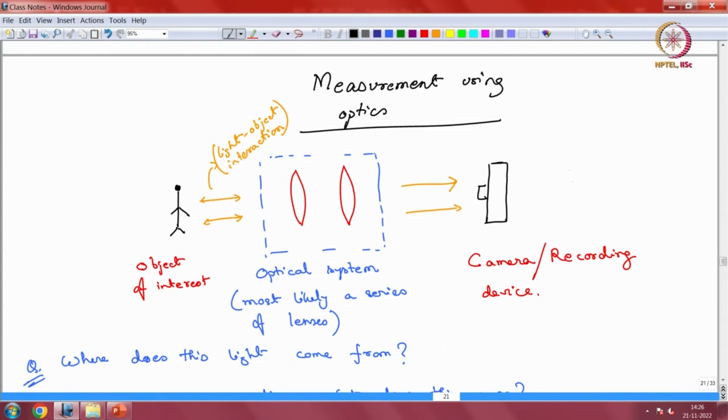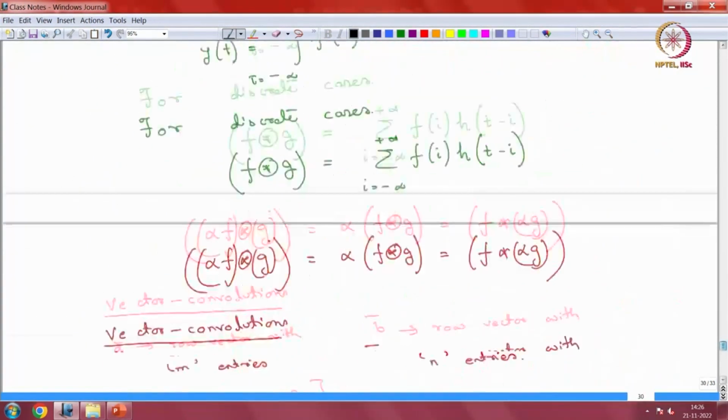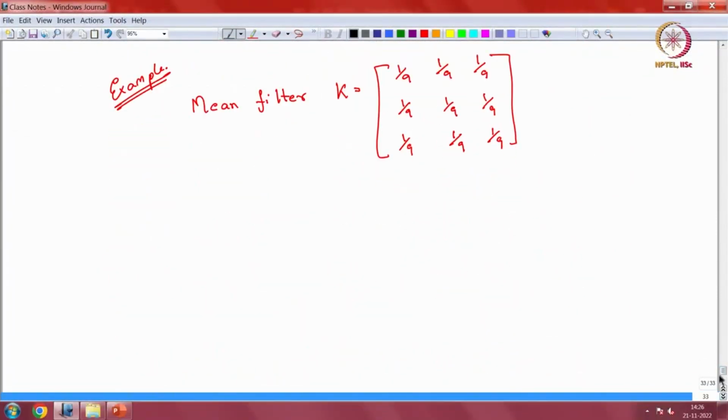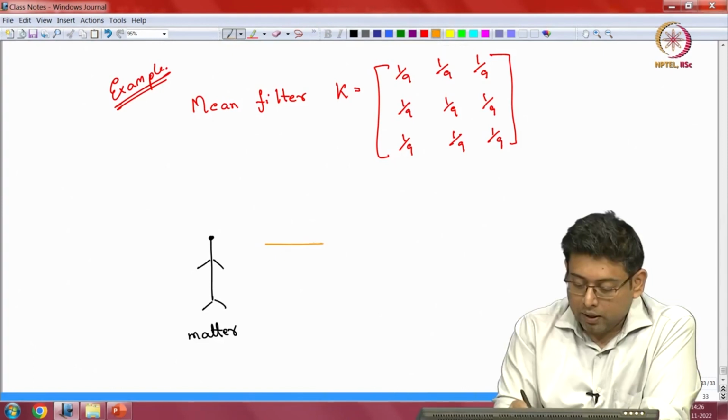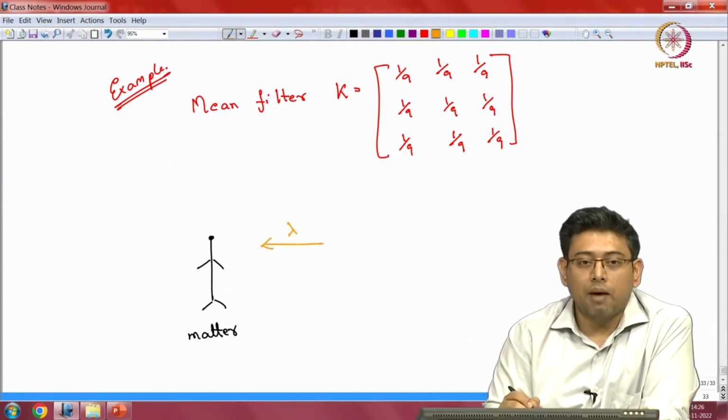Now the topic of light matter interaction is quite involved, and it can take several lectures if you are interested in knowing all the details about the interaction portion, because you have some matter, which I am representing by a stick drawing here, and then you have light falling on it. So you have some light of some wavelength lambda falling on this.